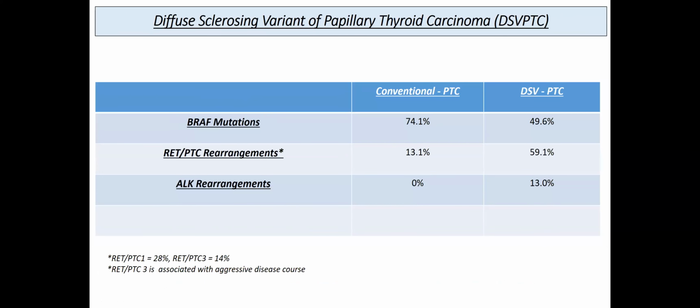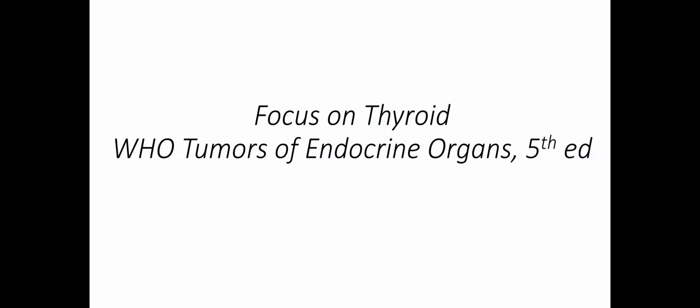On the molecular level, these tumors have RET/PTC rearrangements higher than the BRAF, which you see in the conventional PTC. So their molecular profile is also different, and they can also have ALK rearrangements. So by histology and by molecular, these tumors look different, and they can clinically behave differently than your classic PTC.